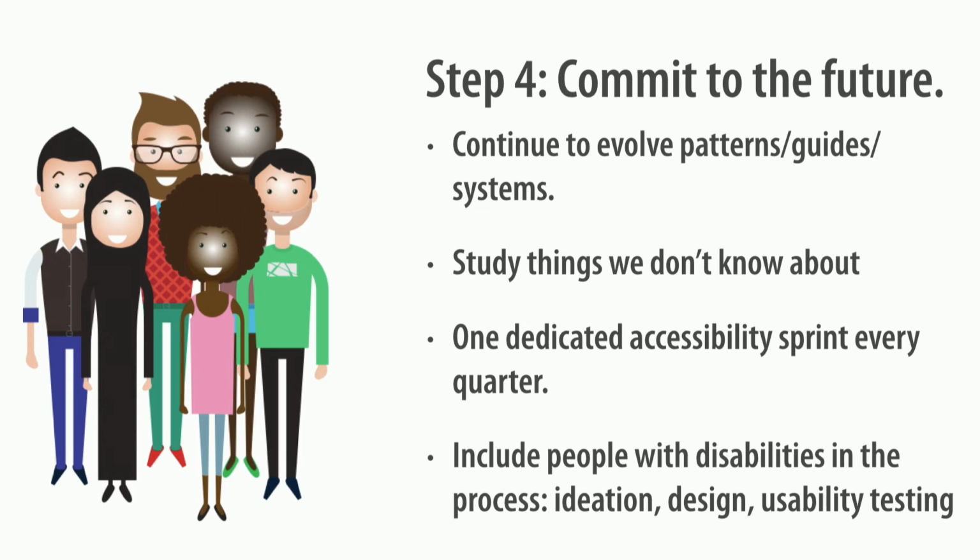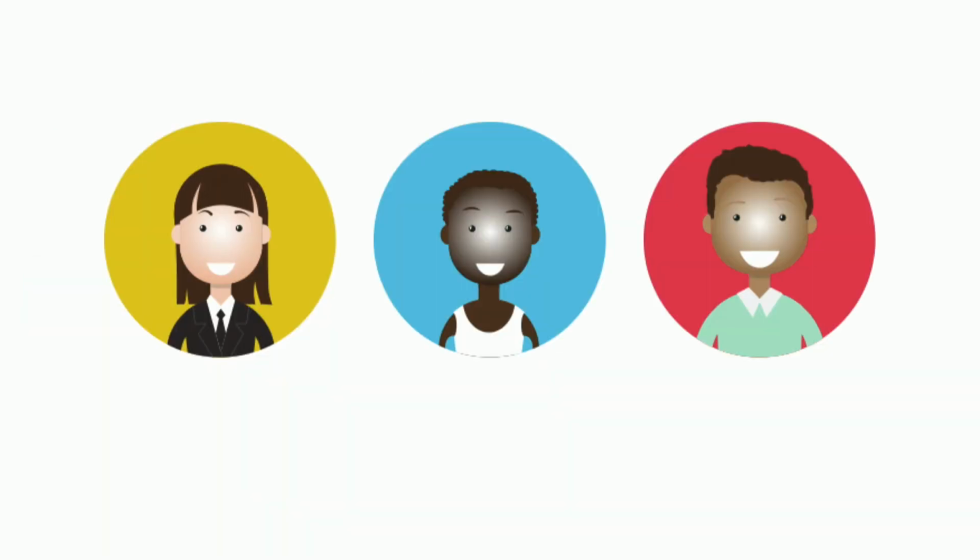We're going to do a dedicated accessibility sprint every quarter where the entire team focuses just on accessibility and addressing some of the things that have been there in the backlog in terms of things that need to be done. And they're going to include people with disabilities in the process through ideation, through design, and even through building and usability testing. That team came together, and they did an incredible job.